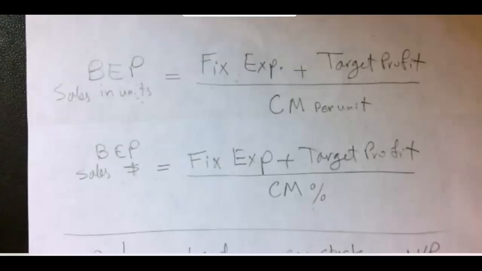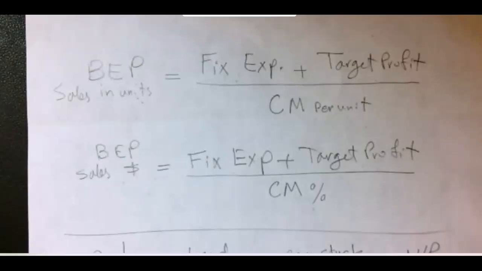But you might say, how about if I want to calculate break-even point in sales dollars? If you are talking about dollars, the top is the same thing, but the denominator is contribution margin ratio. If you like to calculate a specific target profit, all you need to do, instead of zero target profit, is change it to whatever target profit you are looking for.